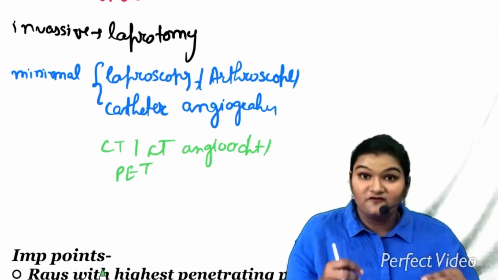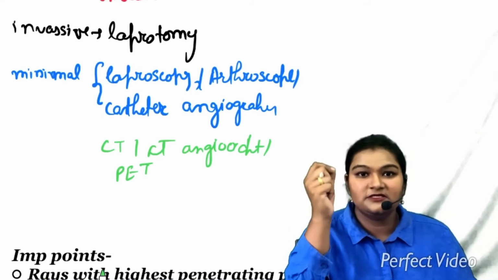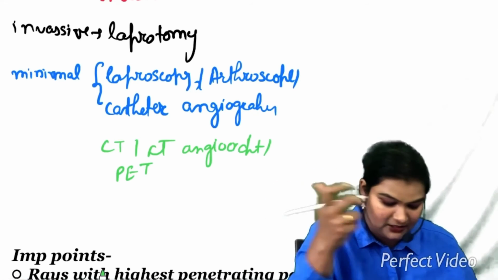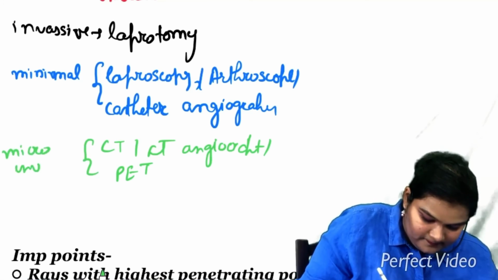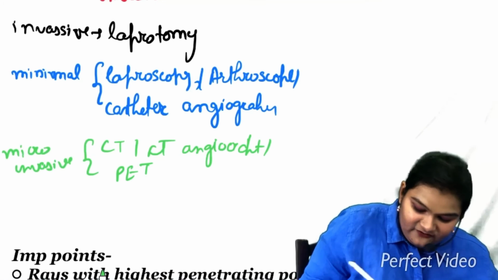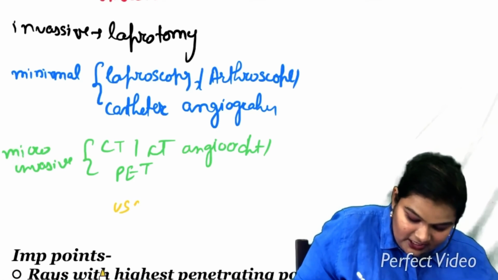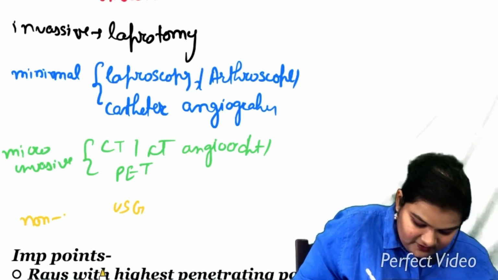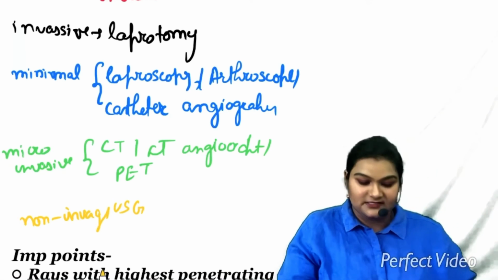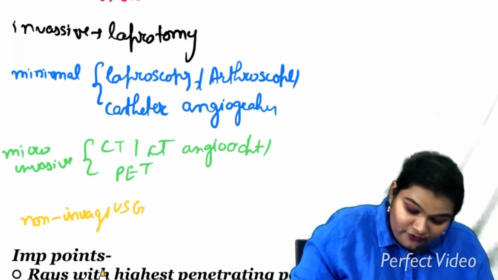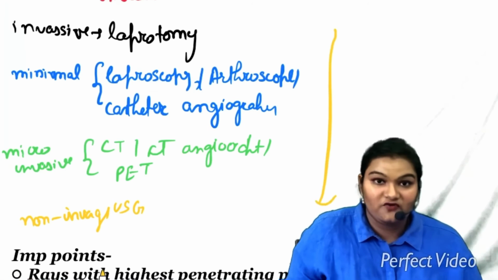The invasiveness is as low as just a prick through a needle. So it is micro-invasive. And then we are left with USG. It is non-invasive. It's just a probe kept on the skin, no cuts, nothing, no invasion. So these are in the decreasing order of invasiveness.